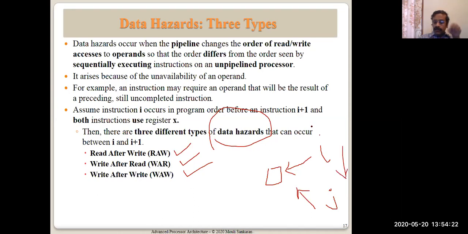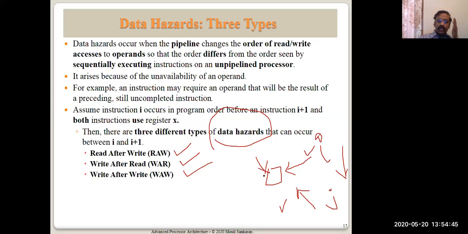That means we expect, as per the program sequence, instruction I should be executed first, then J. If it is not happening because of the pipeline, J is allowed to do some operation and then I is allowed to do something on the same register because of the pipeline, then there is a hazard.